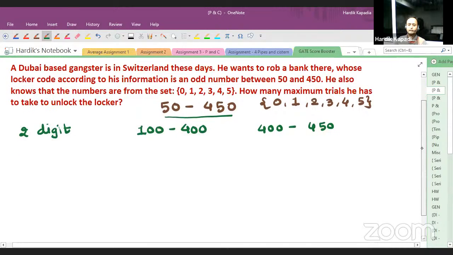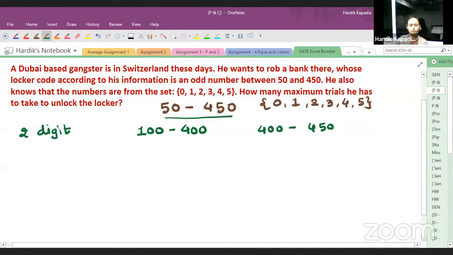Why I have divided this, I'll tell you later on. So for two digits, for the first digit, it has to be 5, because if I use 4 over here, then the number is less than 50. So it's not possible. So we can use only 5 over here, in one way.